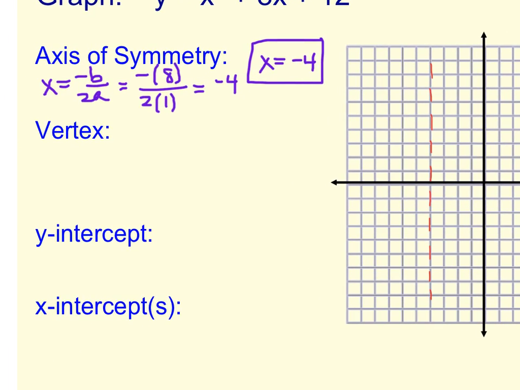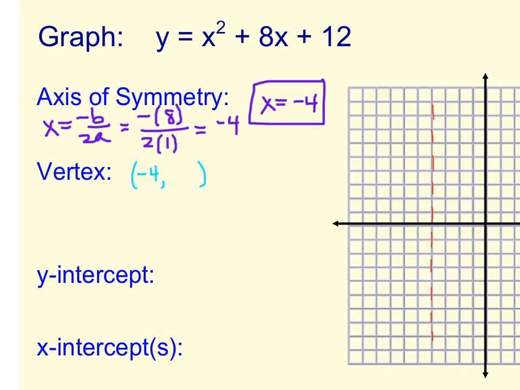All right, how do we find the vertex? Well, if you remember, the x value is the negative b over 2a, which we already found, so we already know that x is negative 4. Now we just have to plug that back into the equation. So y equals negative 4 squared plus 8 times negative 4 plus 12.